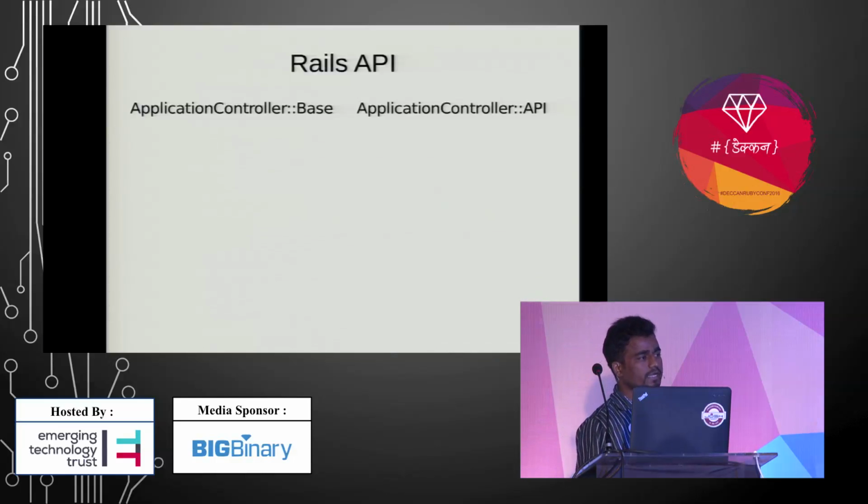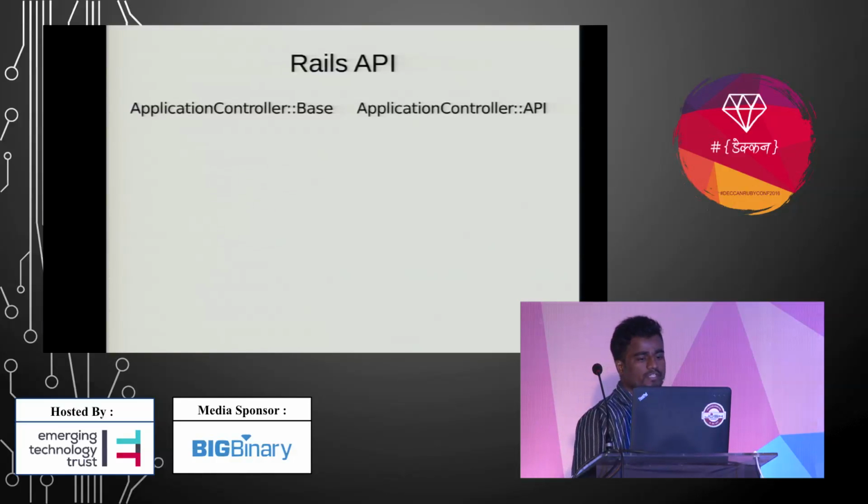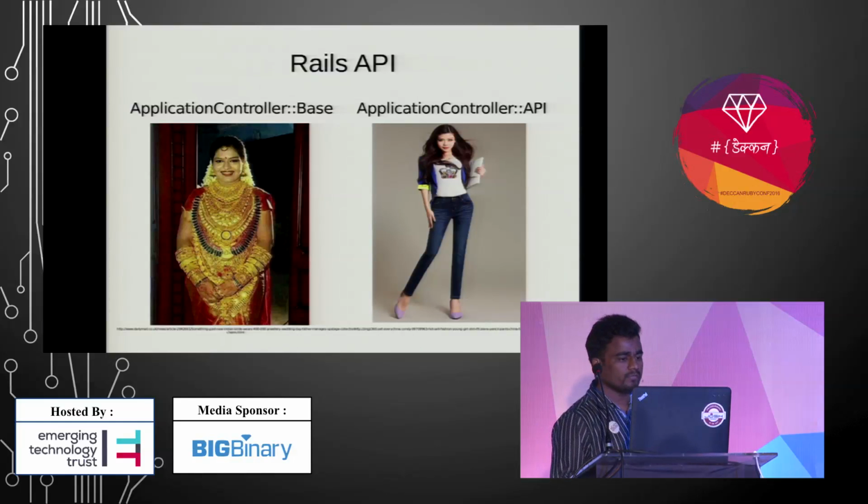And on the other side, your application controller is getting inherited from the ActionController::API module. To understand this better, and with great respect for both these ladies, see this, where your base module has more asset-related middlewares, and on the other side, you will get a slimmer infrastructure for building your APIs.